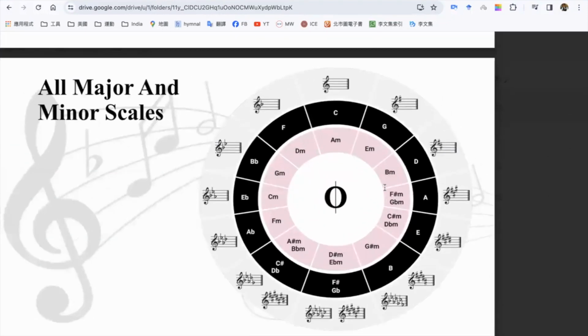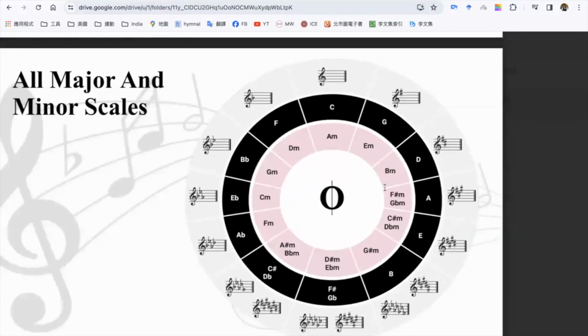It's the same as what we are talking about now. First, we need to remember all the major scales. That is the black part, right? C has no signature. G is 1 sharp. D is 2 sharps. When we remember all of this, we will know the minor scales.